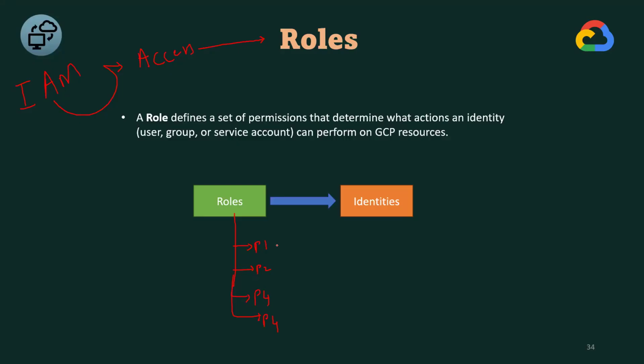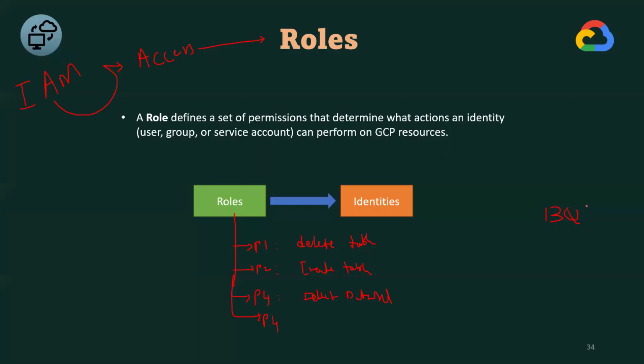So the permission says you can delete a table. Permission says you can create a table. Permission says you can delete a dataset.